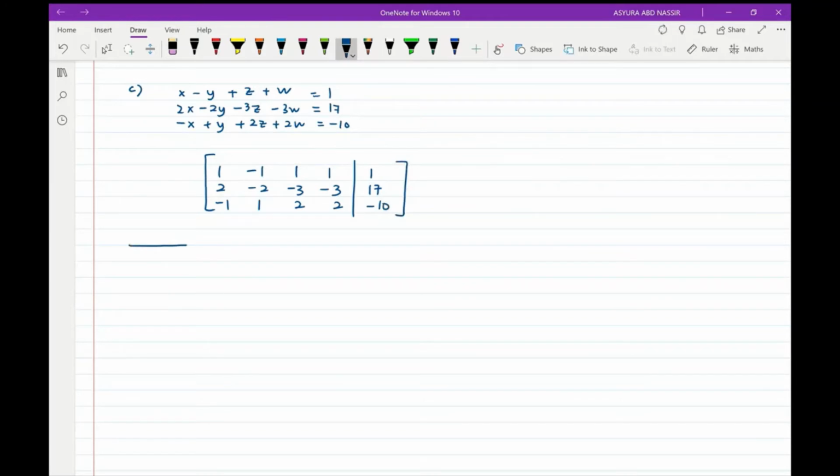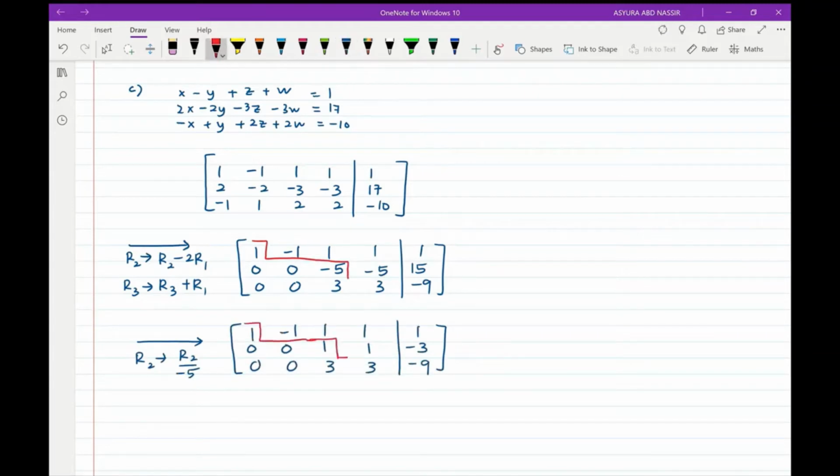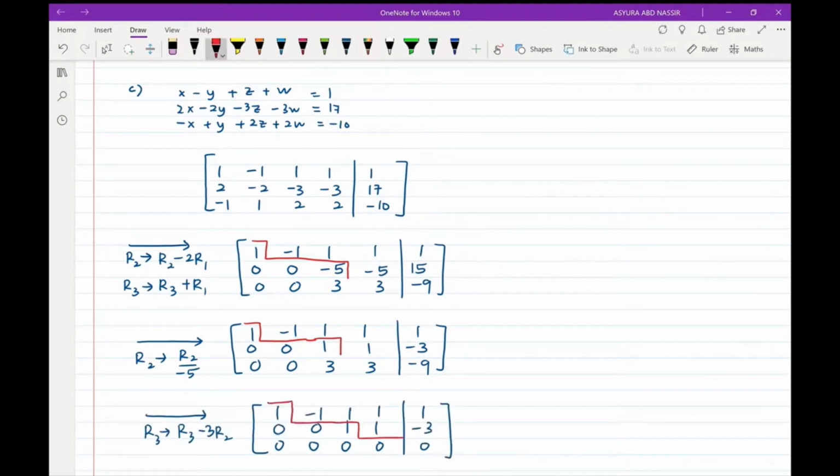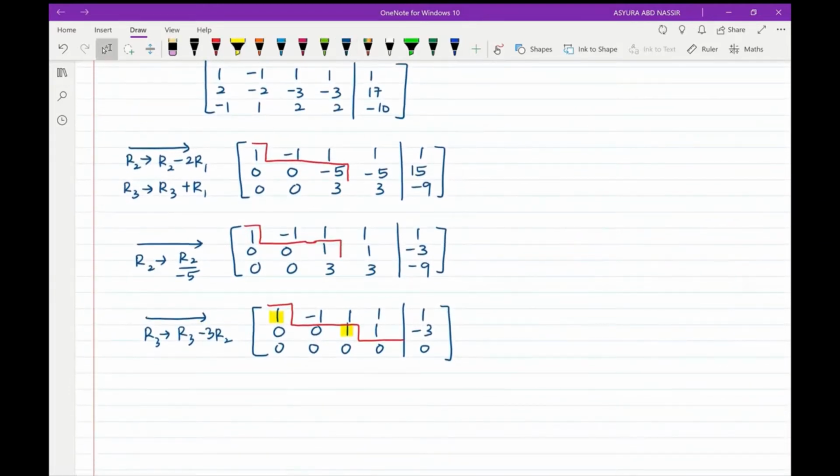Okay, so let's start with your ERO. Okay class, so this is your REF.